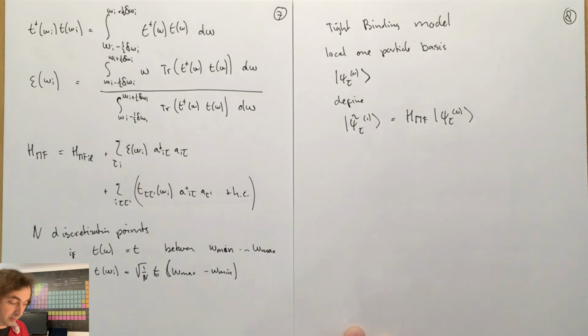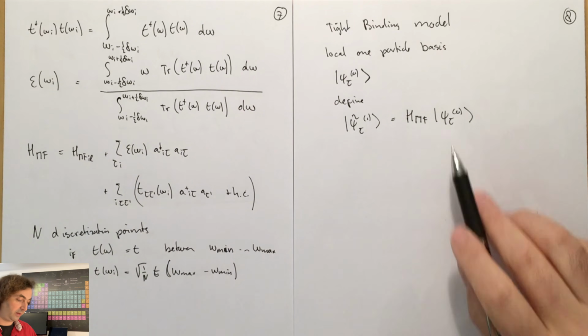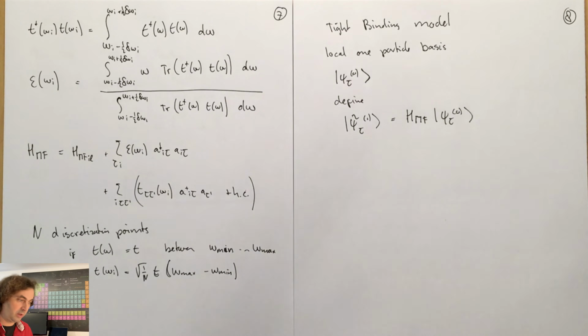This will generate new states, because, well, if you have a tight binding Hamiltonian and you start from a local orbital, then the hopping will allow you to generate a particle in neighboring states. If your hopping phase is such that it's positive in both directions, then you will hop out to both directions, both with a positive phase, such that your new wave function will become a linear combination of an electron at state I-1 and state I+1 with a positive phase in between there. If your hopping amplitudes have different strength, then that strength will be represented in your Hamiltonian, such that you get that immediately into your new basis state.